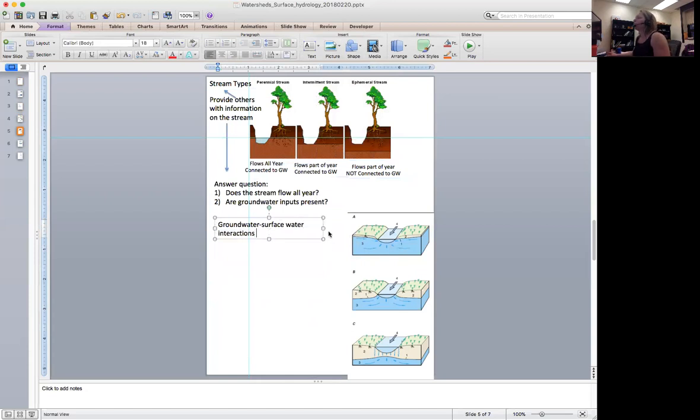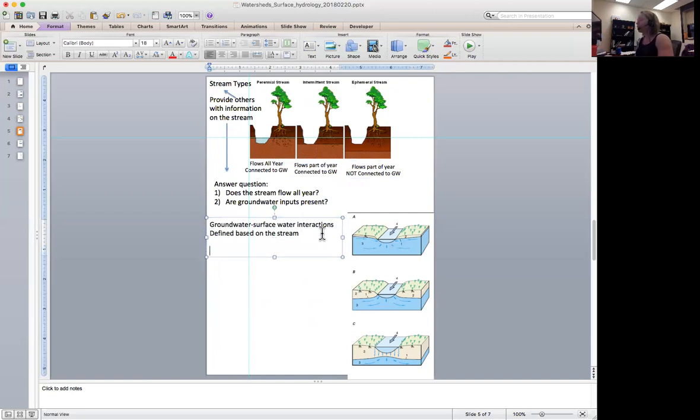In this instance, we're going to define them based on the stream. And we have three different kinds of characterizations.